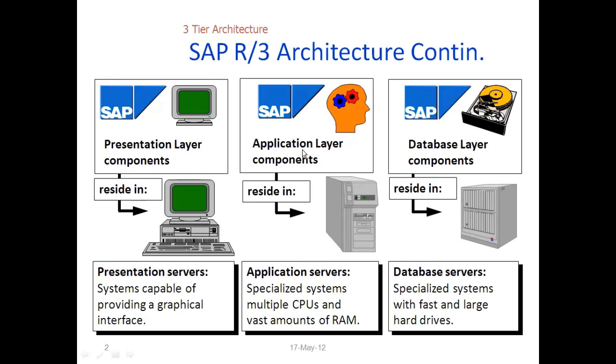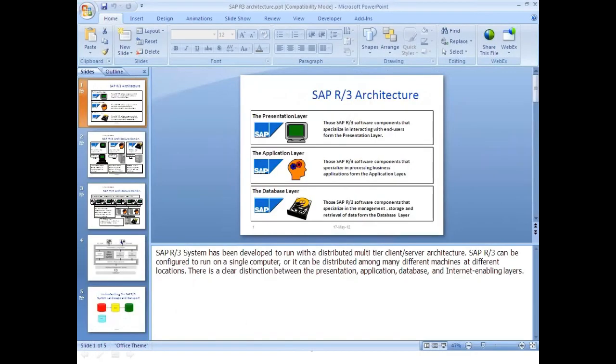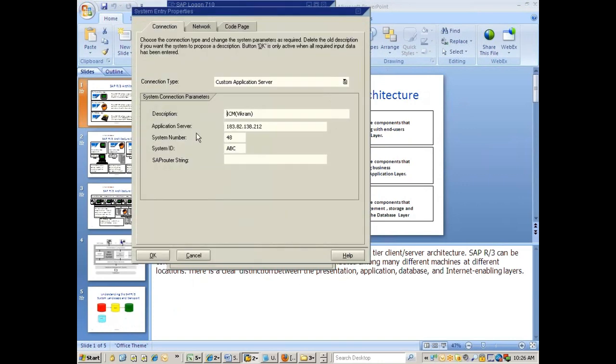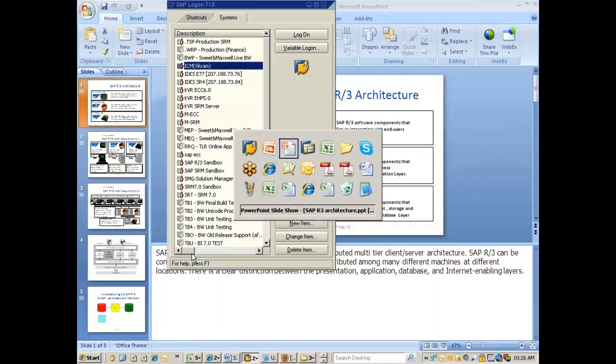Then your application layer components reside in the application server. Application server is nothing but the information that I've shown you. When you go to this particular change item, you would see the IP details of the application server. So this is what the application server is.